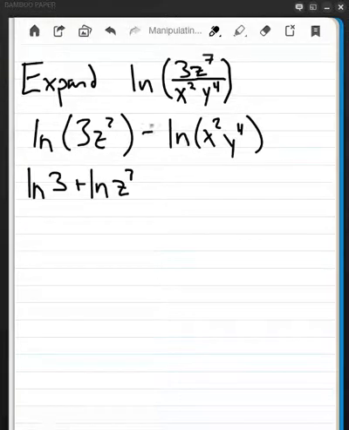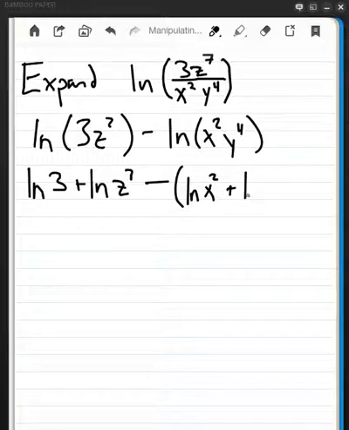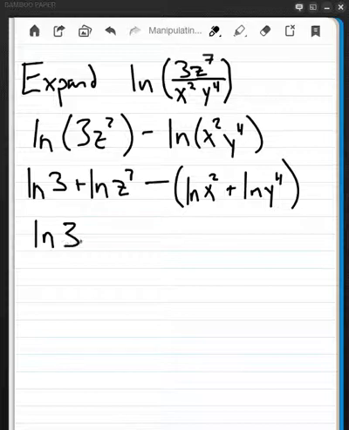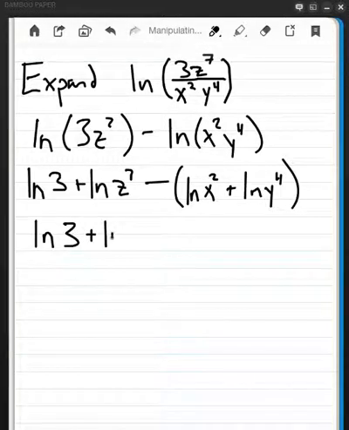Okay, over here we have a negative sign in front of this, so we can do the same thing, but we've got to remember that this negative sign is going to apply to anything we do to this expression. So natural log of x squared plus natural log of y to the 4th is how we could expand this term, but because we're multiplying this whole term by -1, in the end, both of those pieces are going to have a -1 multiplied by them.